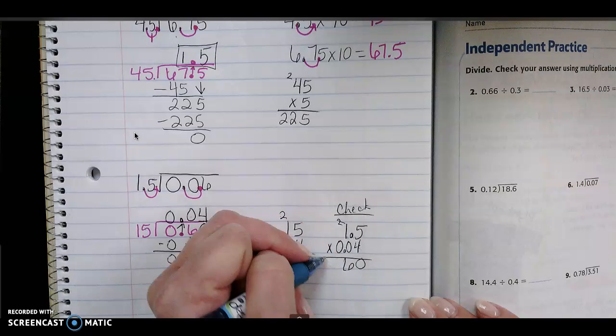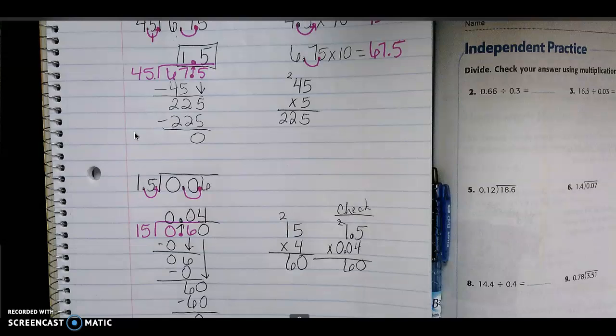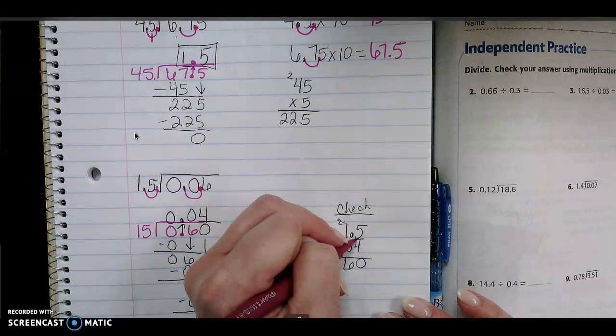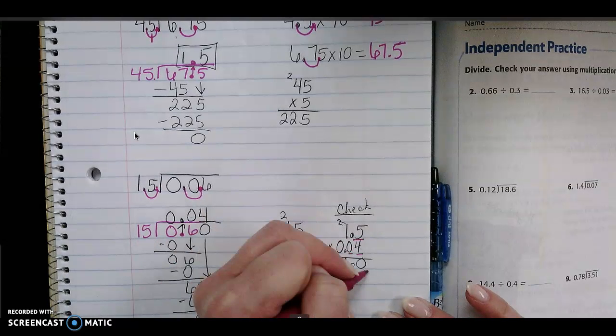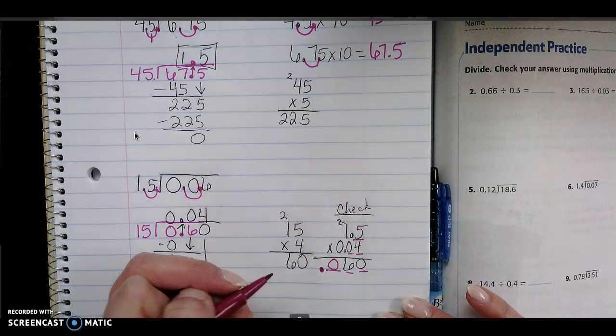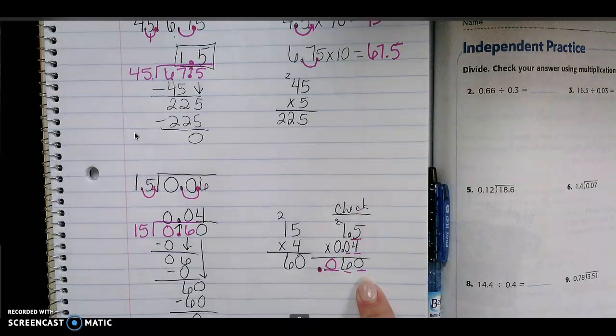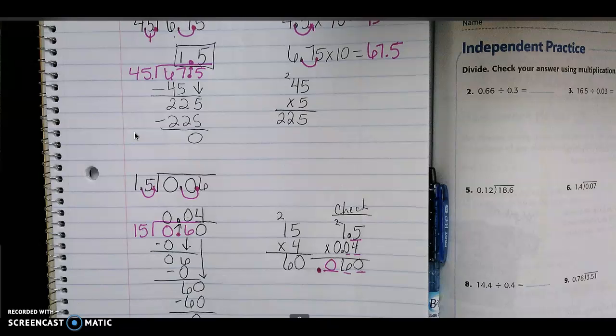Right, and then those are all zeros. So I don't need to multiply all my zeros. I need to count the decimal places, 1, 2, 3. Annex my 0 in that spot, and I got 0.60. Does that match? Yes, so I am correct.